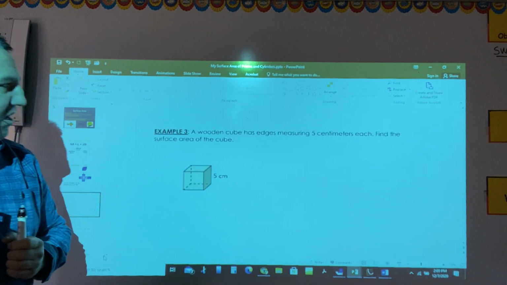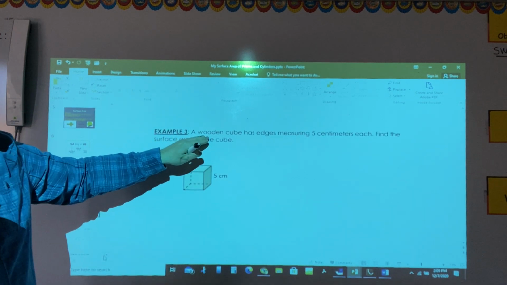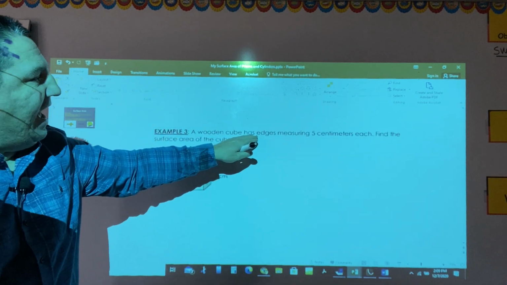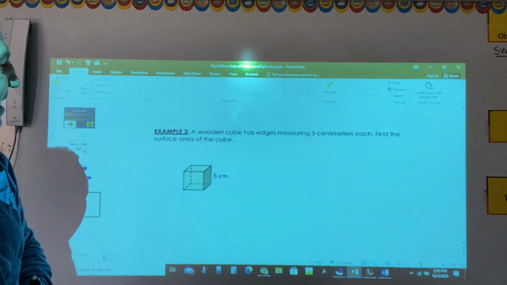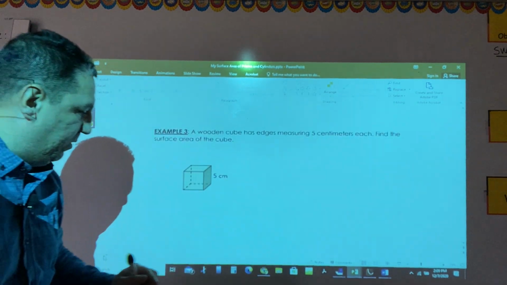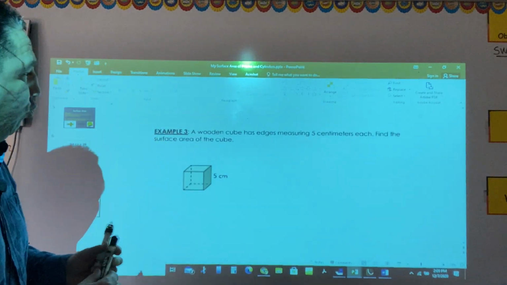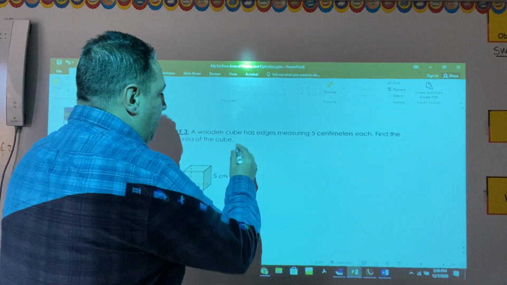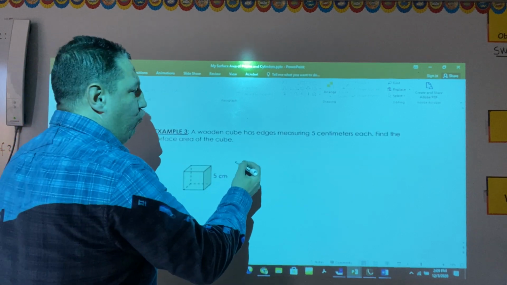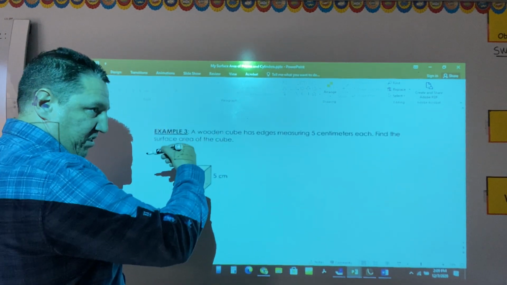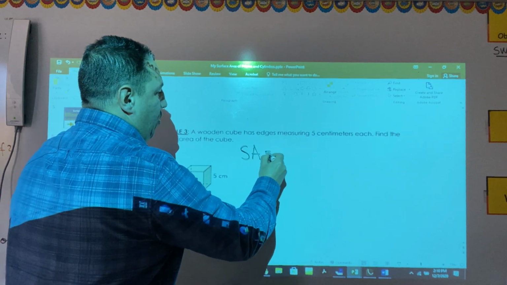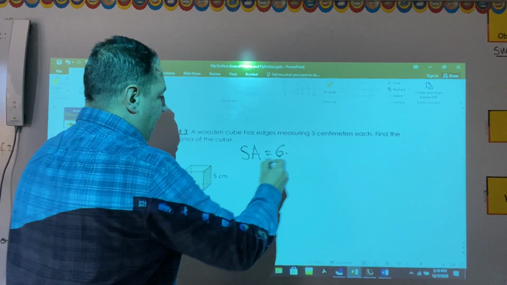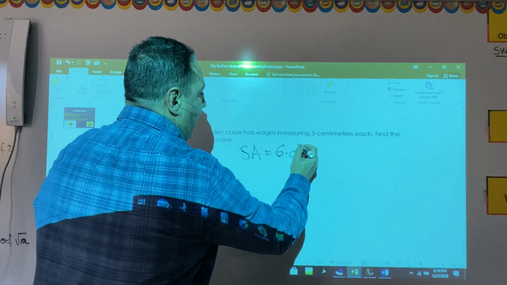We have an example. A wooden cube has edges measuring 5 centimeters each. Find the surface area of the cube. To find the surface area of the cube, we apply the formula, which is surface area equals 6 times a squared.